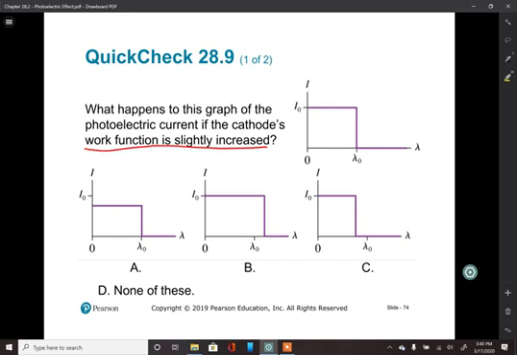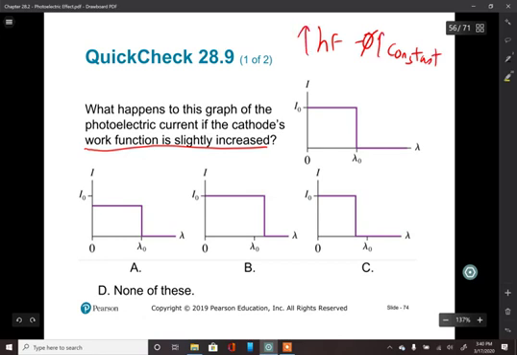Increasing the work function means that we have less energy left over. That means if we want a current to happen, exactly the same, the light's energy has to go up. So that way hf minus phi is constant. If this goes up, that has to go up. So if we want hf to go up, that means frequency has to go up.